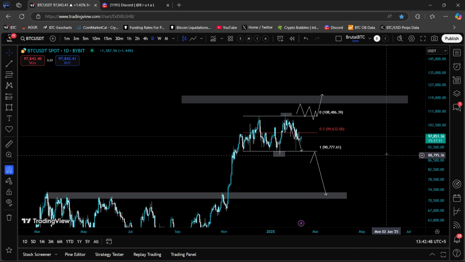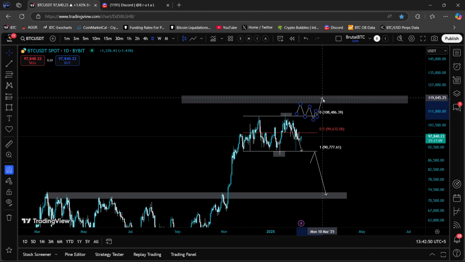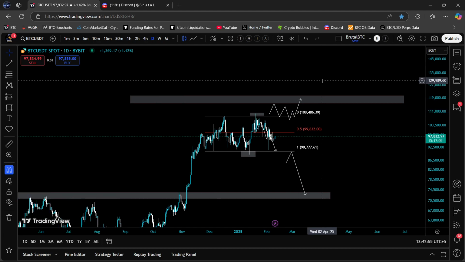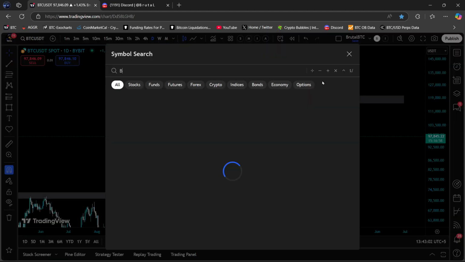So that's why I'm staying with my plans and looking to short Bitcoin along with taking other trades like Solana, and I will keep posting other trades as well.